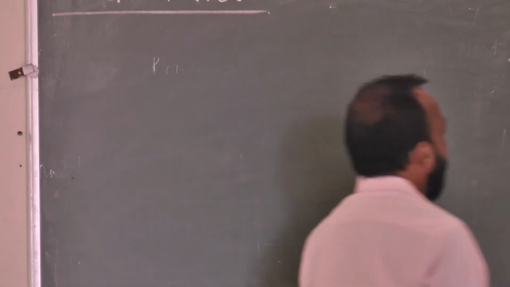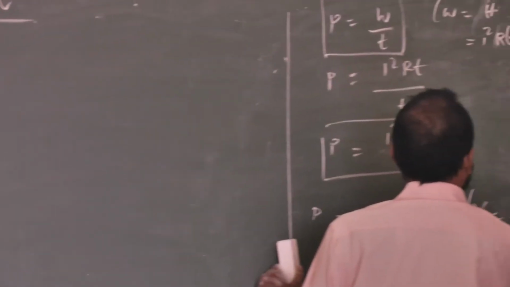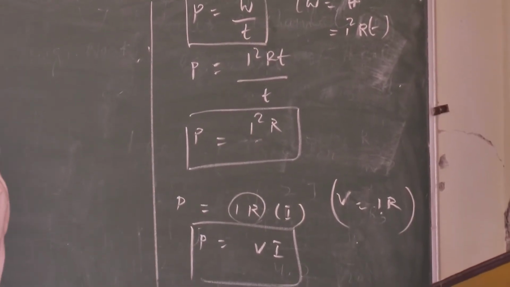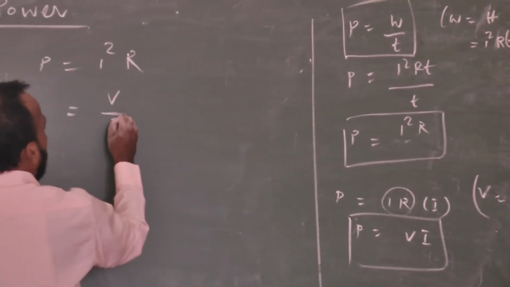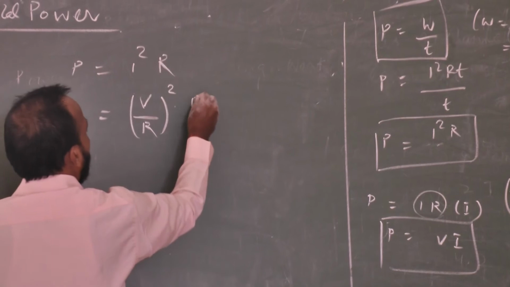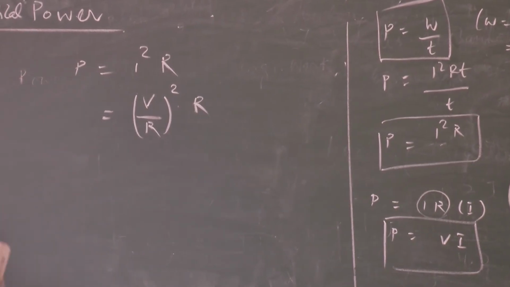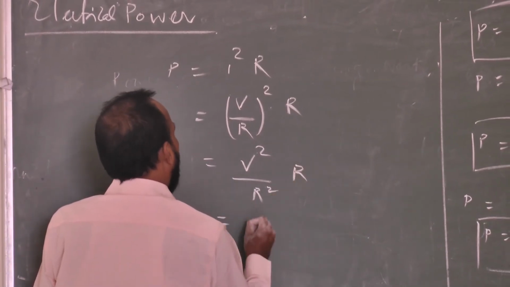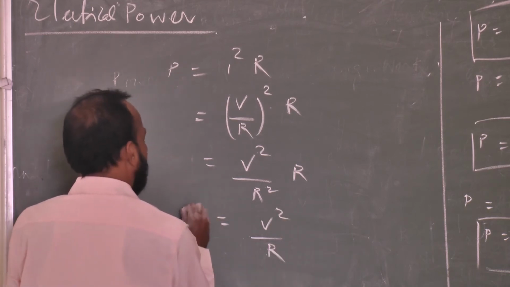Now from I square R, with I equal to V by R, I can write P is equal to I square R, then convert I to V by R whole square into R. This is V square by R square into R. So what I got is V square by R. Power is equal to V square by R.